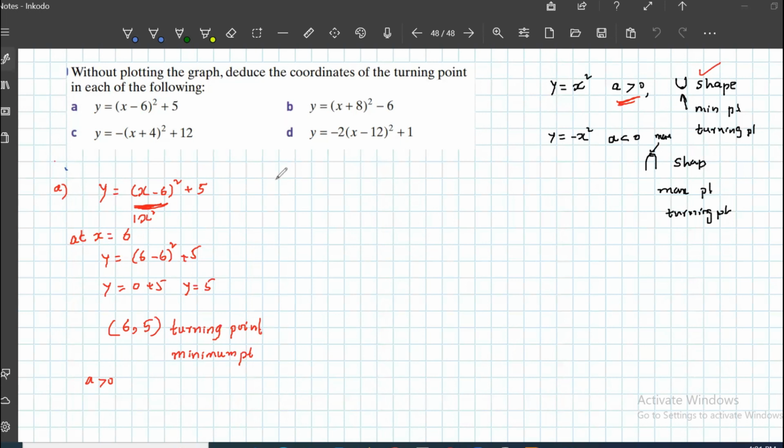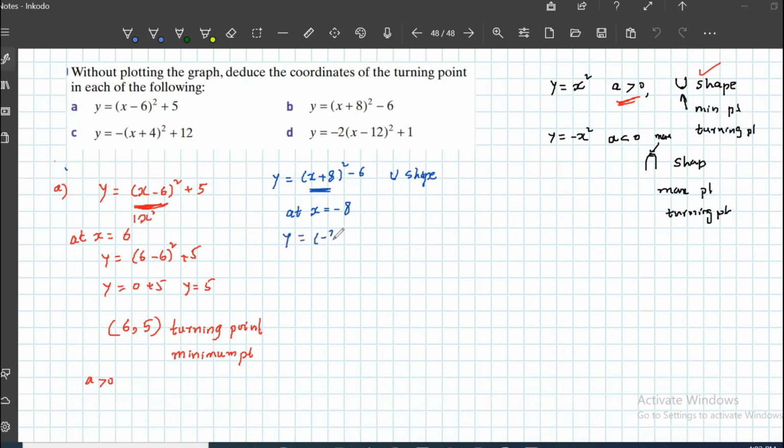Next one is part b. y is equal to (x plus 8) whole square minus 6. Again, this is a U shape because x square is positive, so we have a minimum point. Now, what is that minimum point or turning point? We will check at x is equal to minus 8, so that this part would be 0.